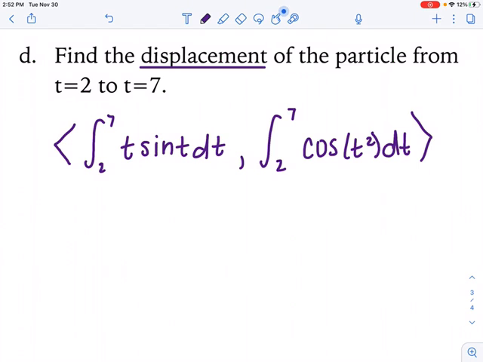Okay, so this will give us the displacement in the horizontal direction. This will give us the displacement in the vertical direction. Okay, so how about you go ahead and find those two numbers for me?